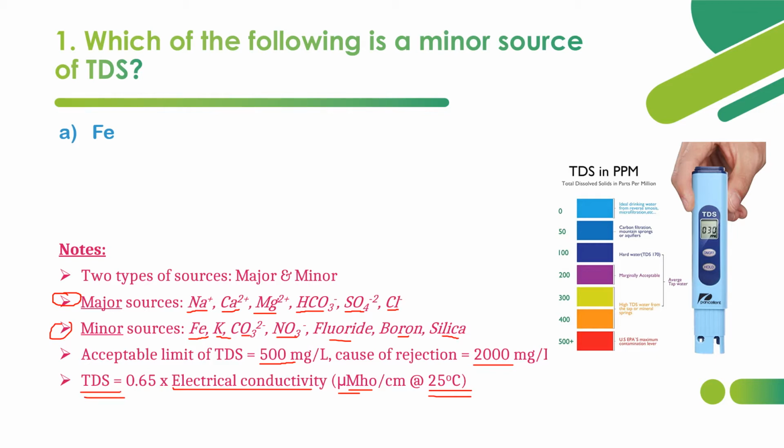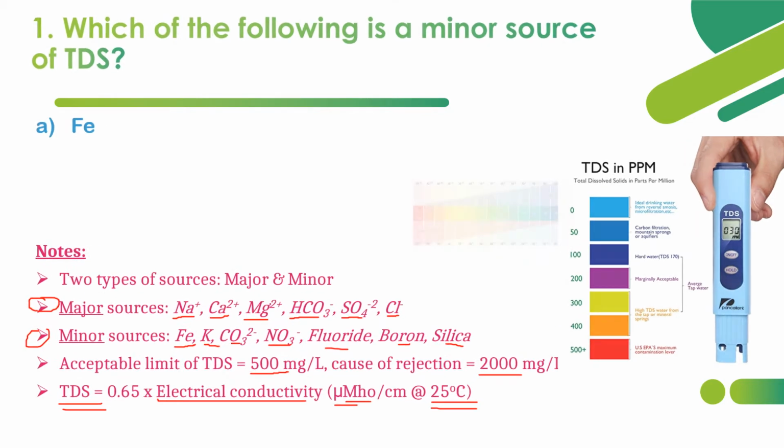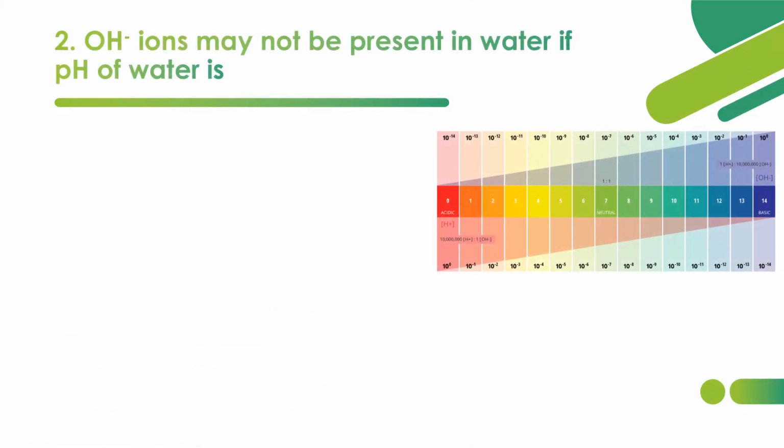Now let's move on to the second question. The second question is based on the pH of water. Hydroxyl ions, OH minus, may not be present in water if the pH of water is: option A, greater than 9; option B, less than 9; option C, greater than 10; option D, less than 10.